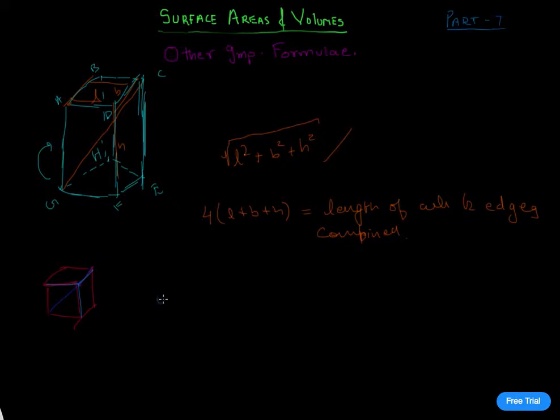So what will L be here? S, S, and S. So S square plus S square plus S square. This will result in root 3S square, which simplifies to root 3 S, the length of the diagonal of a cube.